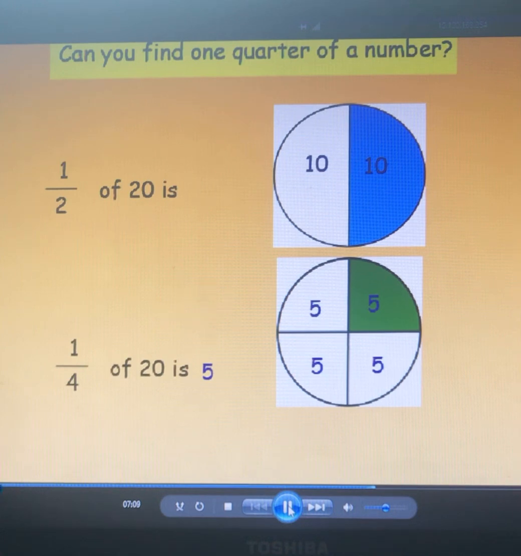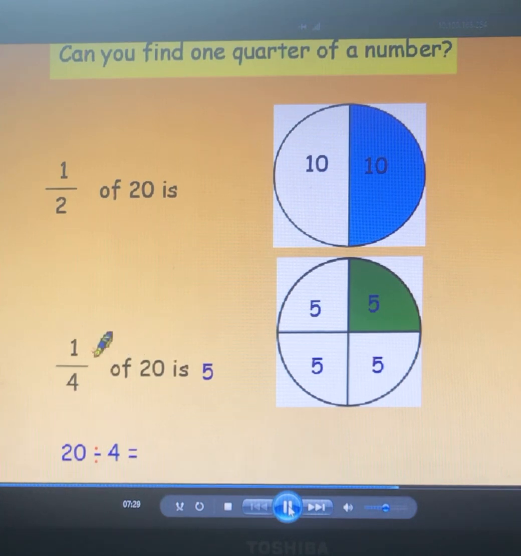Another way, Y3, is you can think about it this way as well. You could do 20 divided by 4.